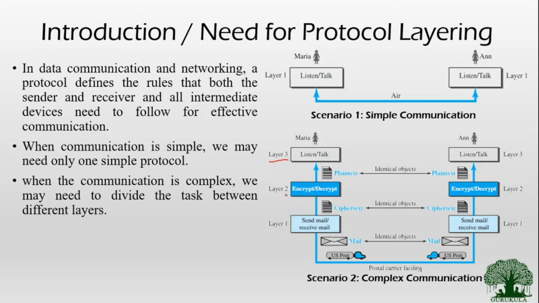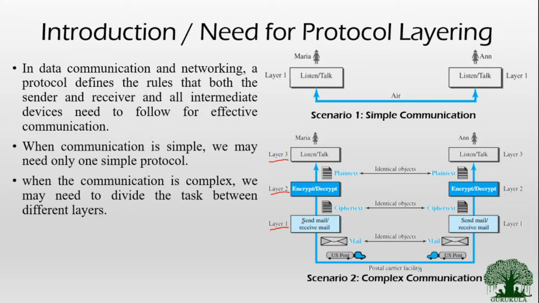And the second layer is that I will have to encrypt all the emails, because my email is going to enter a private network, private internet. In order to keep it safe, I wanted to encrypt all the contents whatever I have typed over here. So another layer of protocols, or another layer of actions, is required to encrypt my email, and one more layer of protocol is required so as to effectively deliver my message from one point to the other point.